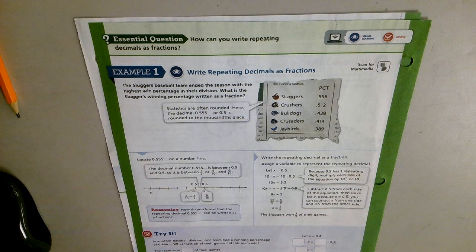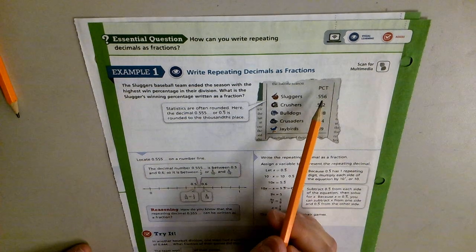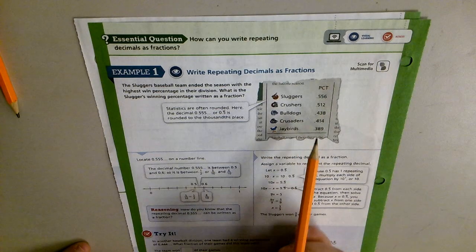Hey guys, we're going to start on page 10, our first topic in this book, and we're writing repeating decimals as fractions. So we've got this baseball team and we have their win percentages over here.